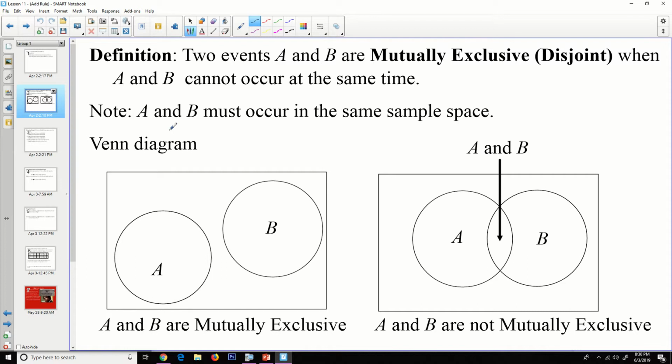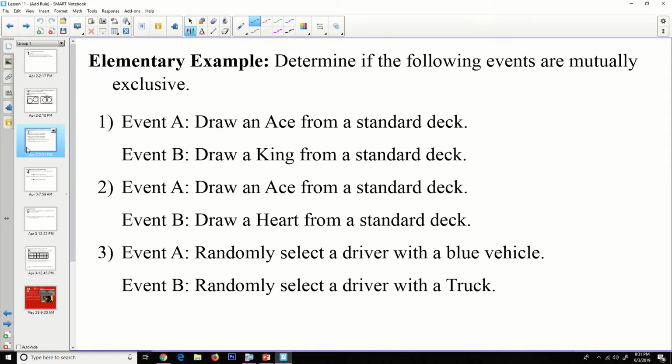And so what does that mean in a real world sense? Determine if the following events are mutually exclusive. So event A and B happening at the same time. What is the probability that I draw an ace or a king from a standard deck? Well, those two events, since there is no overlap between aces and kings, are mutually exclusive or disjoint.